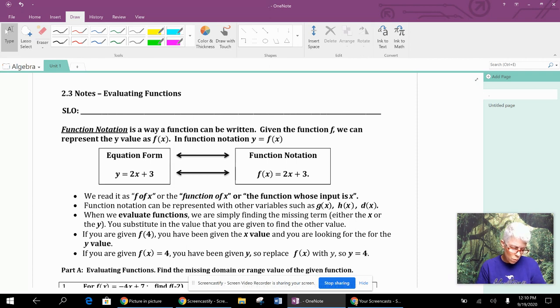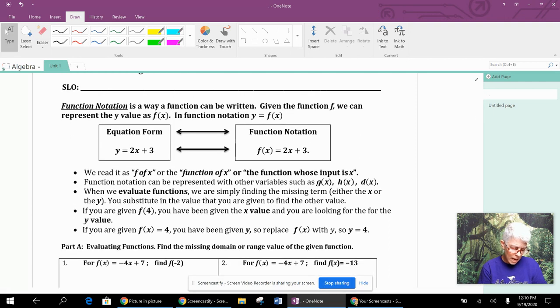Function notation is a way a function can be written. You can see it as f of x, or you might see it as y equals f of x. Now you can see a function notation and you can see the equation. They look the same. The only thing that's different is that instead of saying y, they're saying f of x. So it's the same thing.